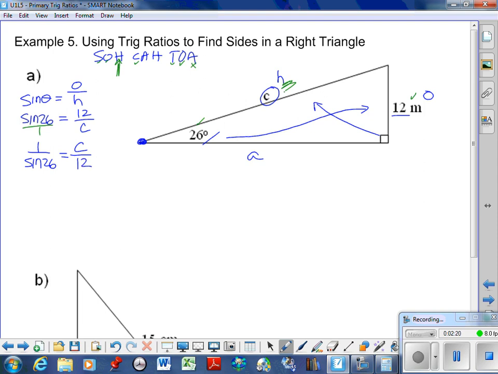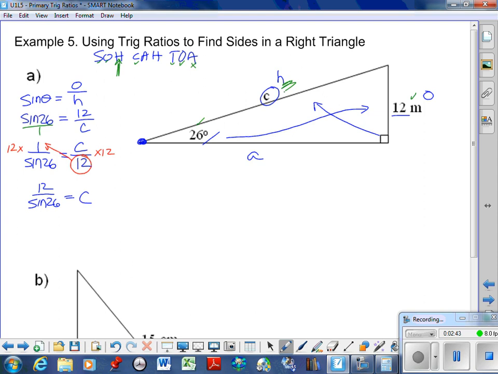Now I want to isolate for c, so I'm going to do a partial cross multiplication. I'm going to take this 12 and multiply it up here. Basically what I'm doing, c is being divided by 12, opposite of dividing is multiplying, so I'm going to multiply both sides by 12. That means my final answer is 12 divided by sine 26 equals c.